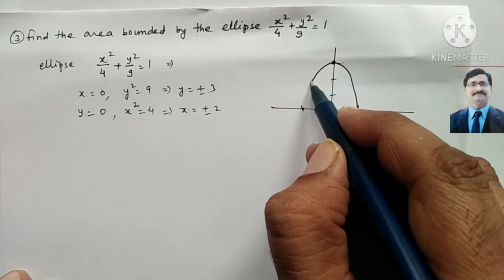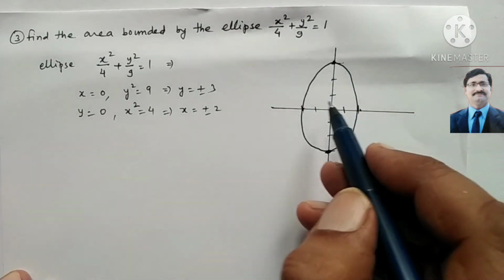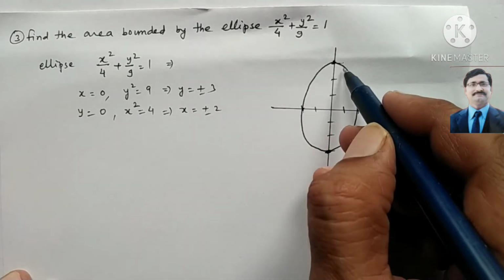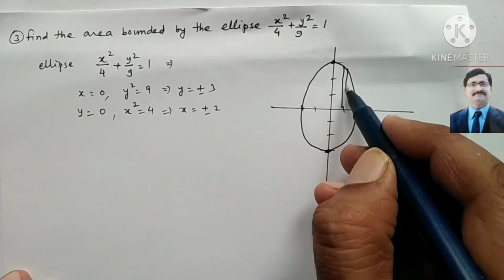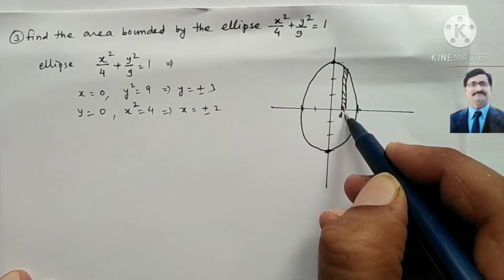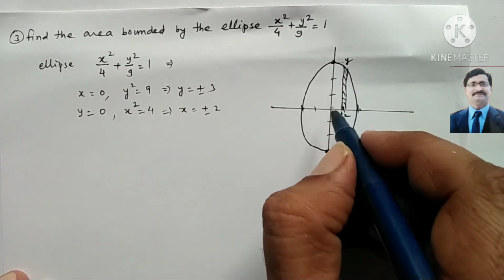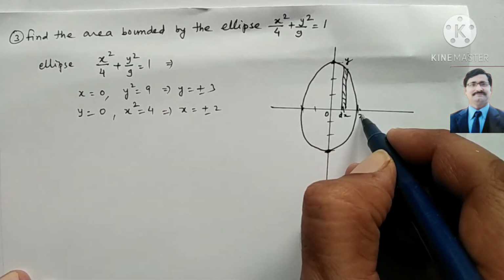This is an ellipse. Here we can take this first quadrant, and here we can make the strip. This strip is dx we can write. So we want dy here, and x goes from 0 to 2.